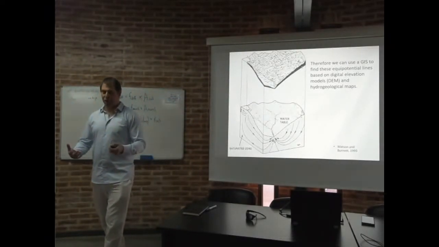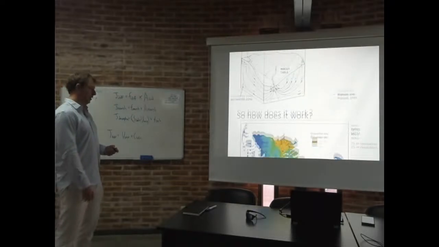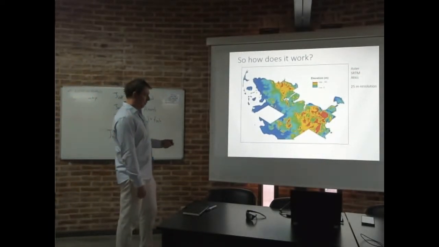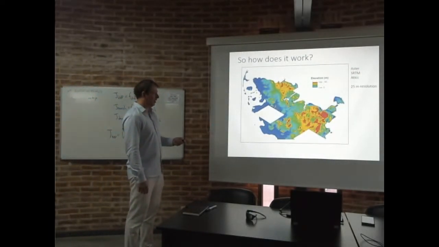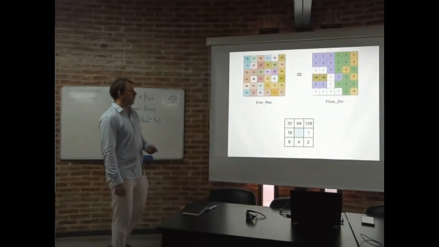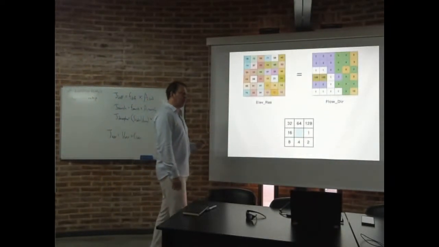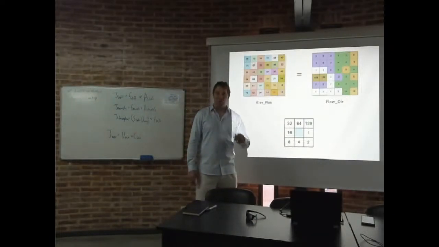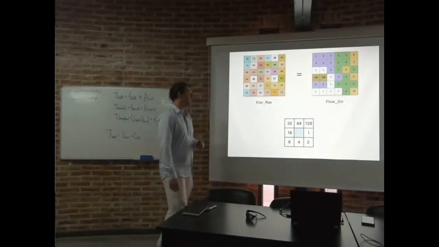So we started this in Germany. We went to the area where we live, which is here in Kiel, Germany, and we got a very low resolution digital elevation model. And we simply tried to find out where groundwater should flow based on elevation.